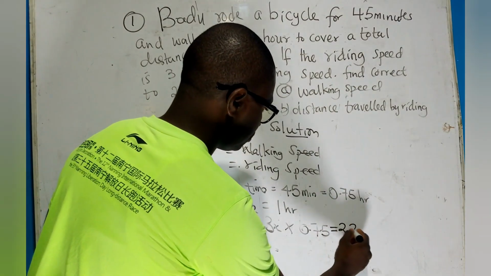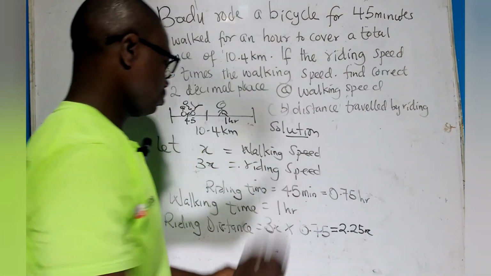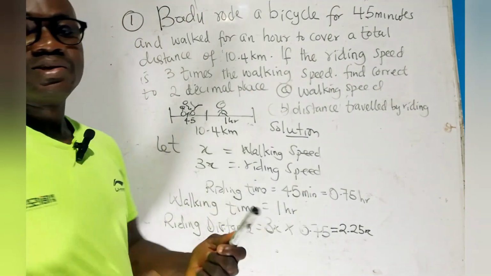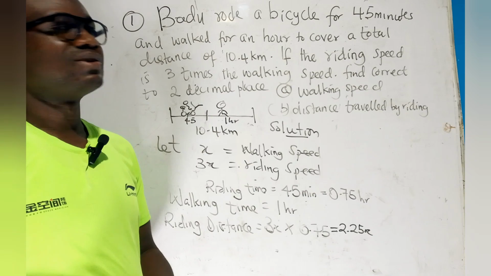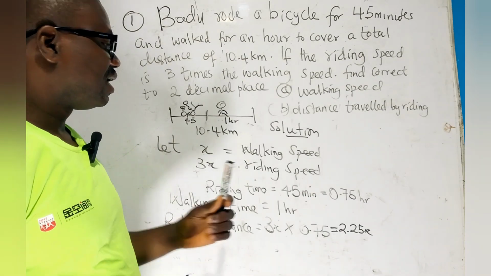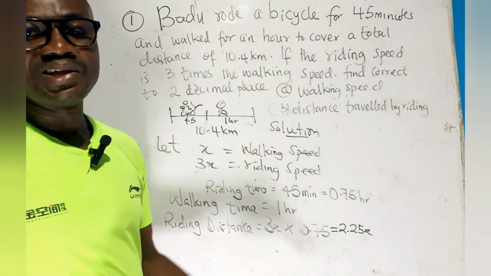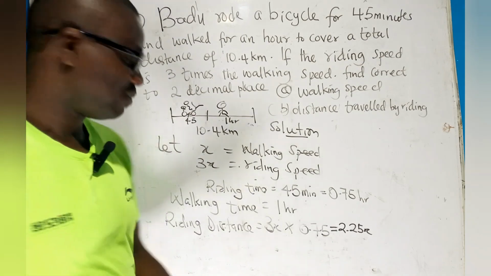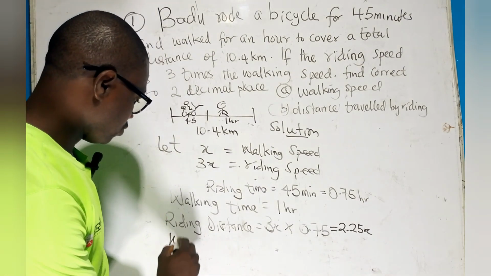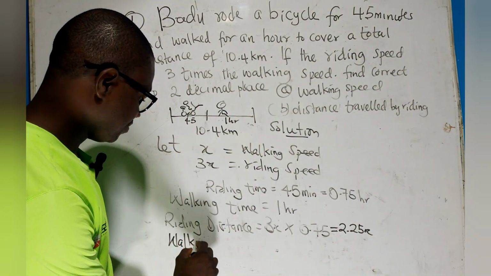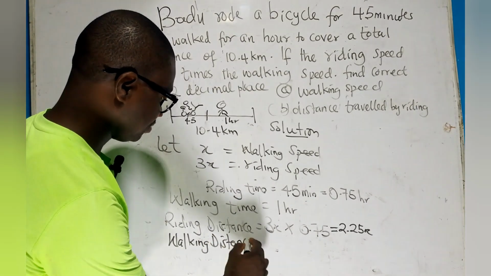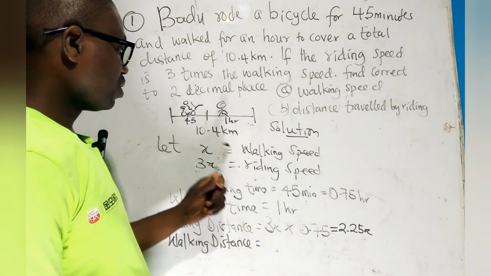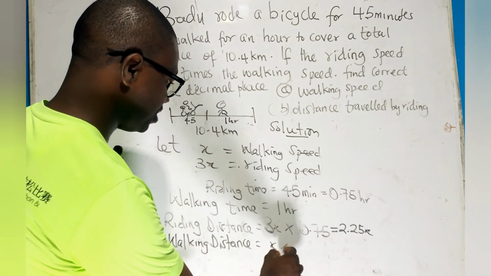So what is the walking distance? The walking distance is the walking speed times the walking time. So the walking speed is x, and then the walking time is 1 hour. So 1 times x is equal to x.